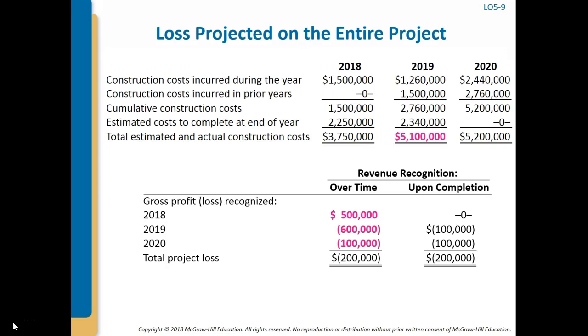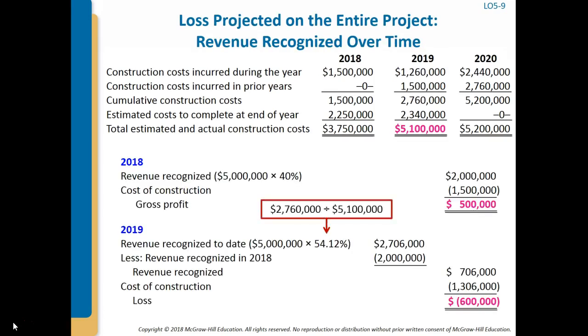Notice that in 2019 the estimated total cost of $5,100,000 exceeds total estimated revenue of $5 million. In 2020 there's more bad news with an additional $100,000 of costs before the project is completed. Let's start by considering how overall losses on a contract are recognized when revenue is recognized over time.